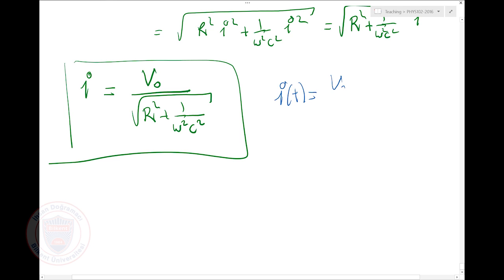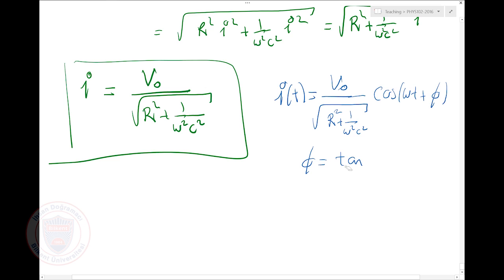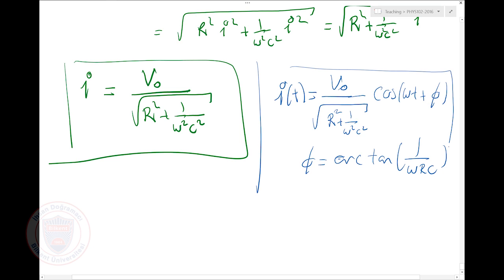So now I can write the current as a function of time. It's going to be V0 divided by the square root of R squared plus 1 over omega squared C squared, times cosine of omega t plus phi, where phi is apparently the arctangent of 1 over omega RC.